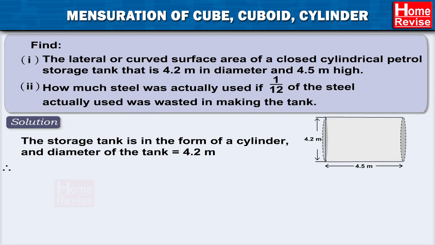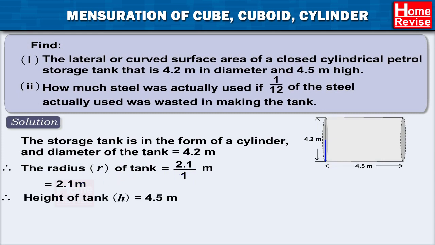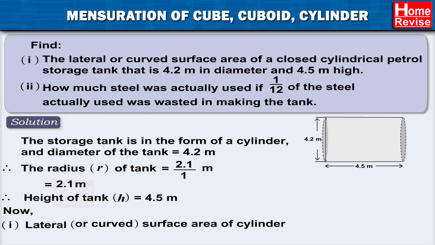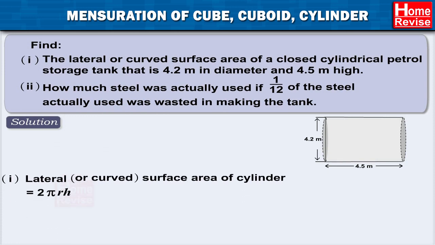meters. Therefore, the radius r of the tank is equal to 4.2/2 meters, that is equal to 2.1 meters. Height of the tank h is equal to 4.5 meters. Now, number 1. Lateral or curved surface area of a cylinder is equal to 2πrh.